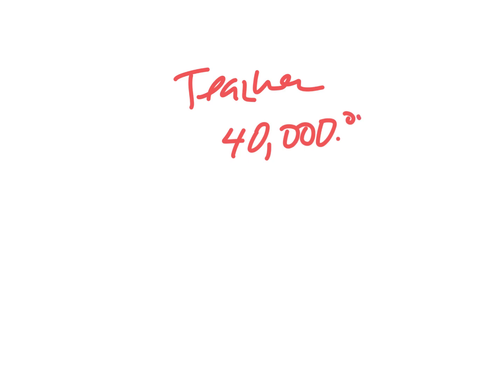Okay. One last, this is going to be exactly like your project now. I am going to be a teacher because I can relate to that. We're going to say in Minnesota, the average salary for a starting teacher is $40,000. Then they want you to figure out how much money it will cost you to get the education that you'll need.